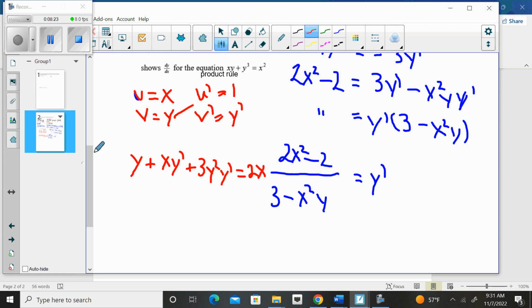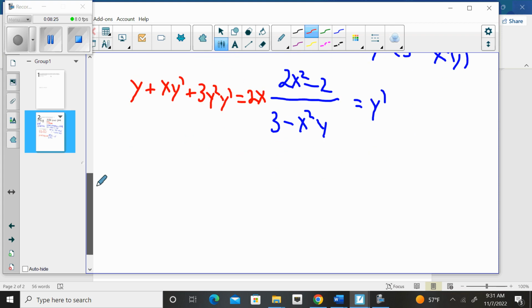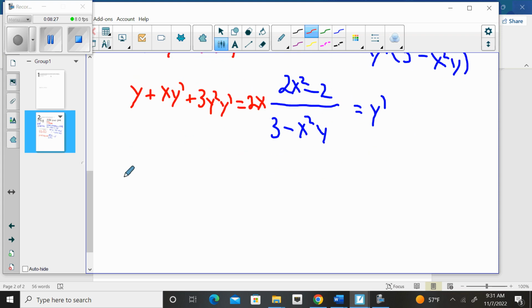Okay, so what do we do here? Like I said, lots of people get to this point and then say, now I'm stuck. Okay, so this is where we separate. So for the sake of writing so much, I'm just going to save some steps on writing. So this will leave just this expression on the left-hand side.